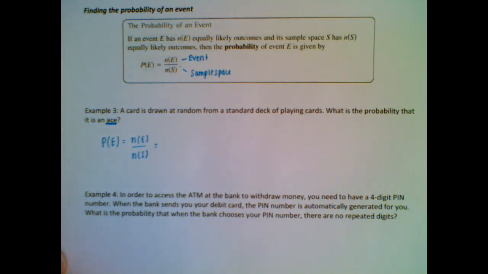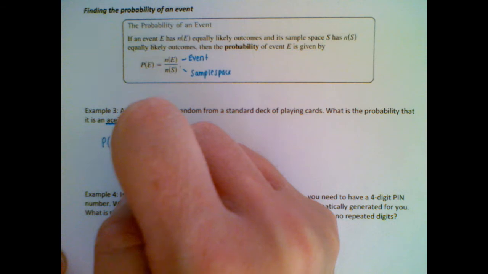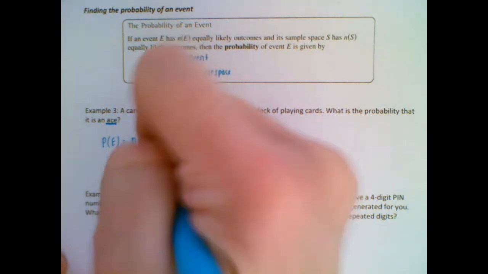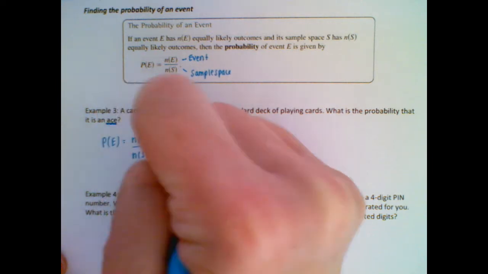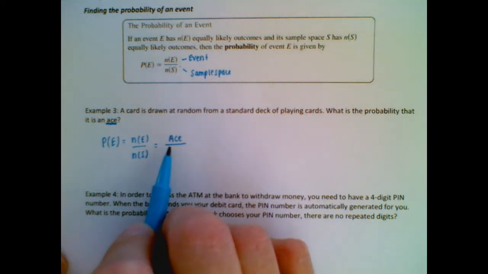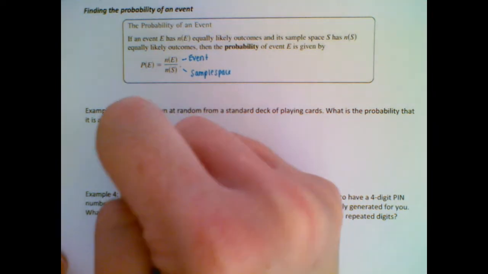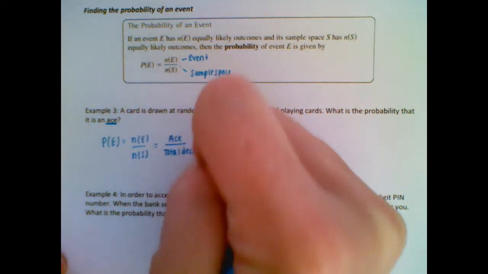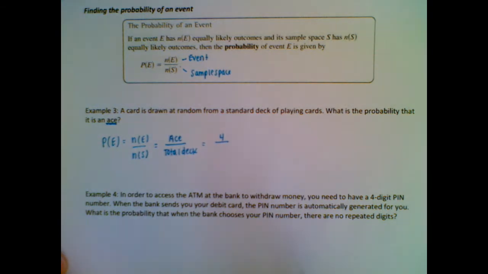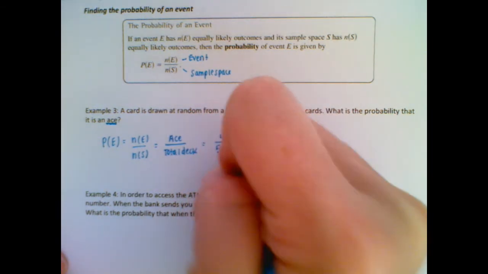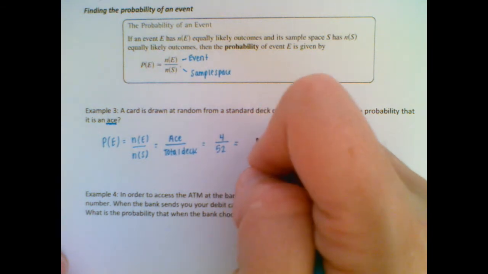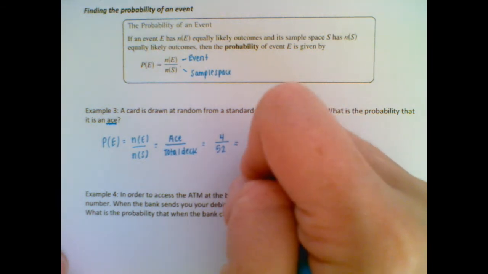In a standard deck of cards, I know that there are 4 aces. So I want to know the probability that I'm going to draw an ace from the total deck. There are 4 aces, and the total number of cards is 52. So my probability simplifies to 1 over 13.